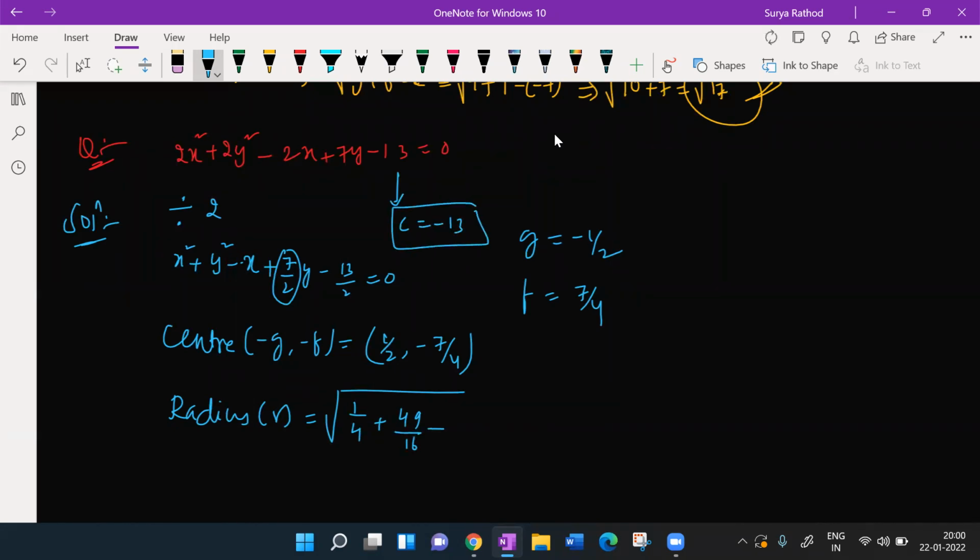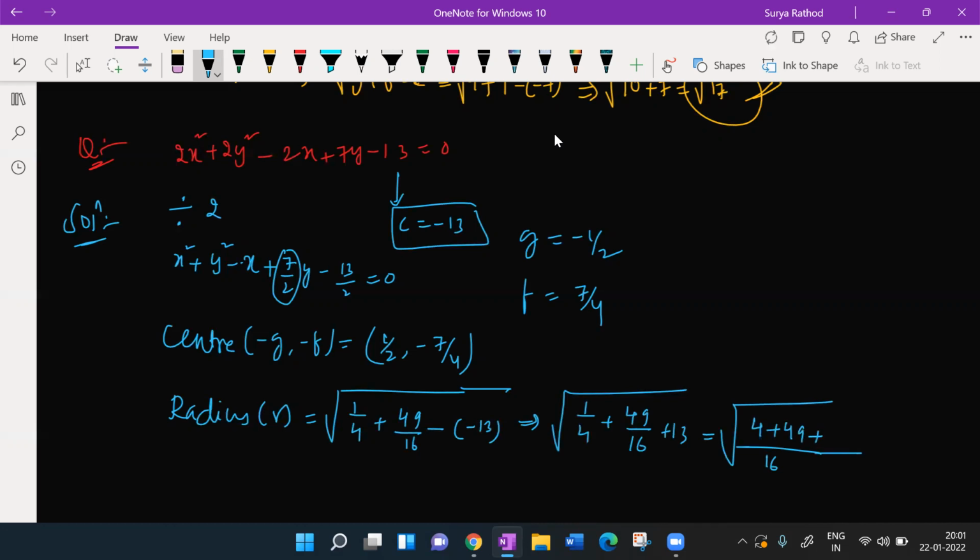So what do you get here? 1/4 plus 49/16 plus 13. How will I calculate this? LCM is what? 16. So 4 plus 49 plus 16 into 13, how much? 16 into 13 will be how much? 208, not 172. 13 into 6, how much?